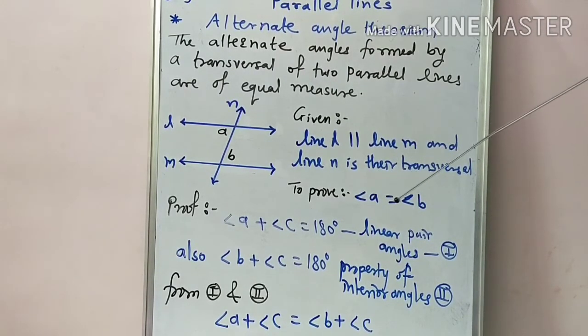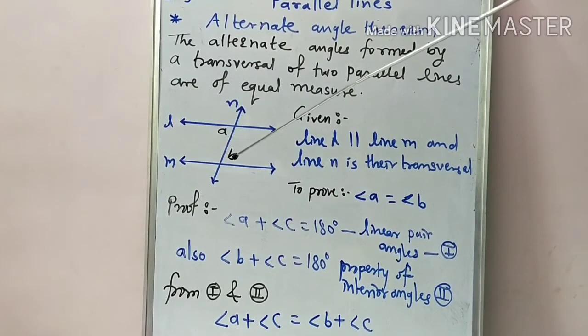Alternate angles. And in the same way we prove this using the interior angle theorem. So what we do here, students, is take one more angle which is interior to B, or you can take it interior to A also, because these two are now the interior portion of the lines.